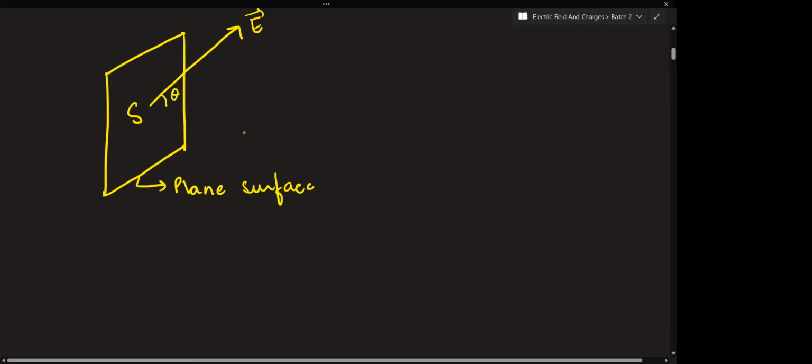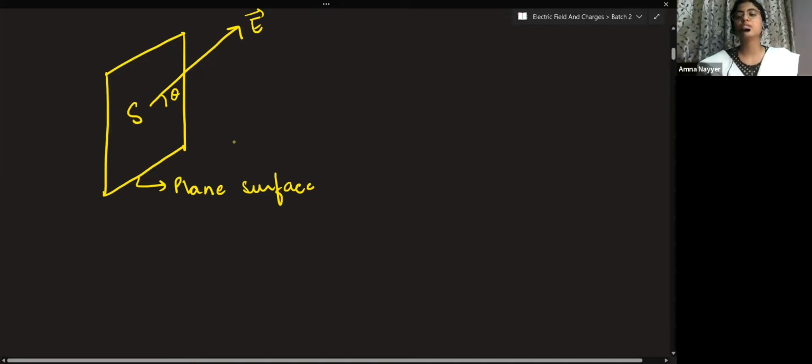No. Why? Reason, Fatima? Because it's not perpendicular to the surface. So we require that electric field line which is perpendicular to the surface. So if I take this direction, this n cap, this is making an angle of 90 degrees. This is a unit vector that I have taken, n cap.